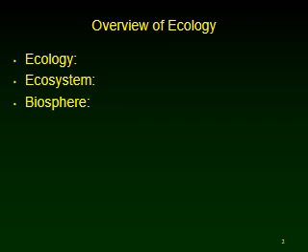The ecosystem includes all of the organisms living in an area and the physical environment that these organisms interact with. And the biosphere would be the highest level of organization, including the whole planet where life is possible.